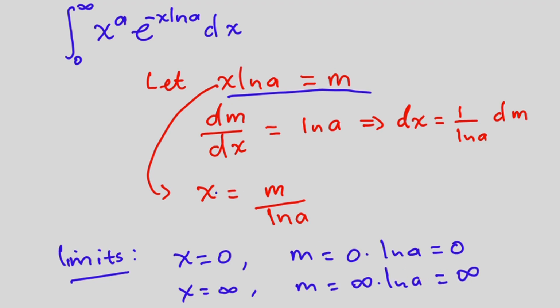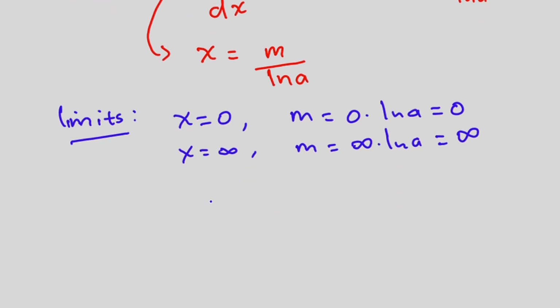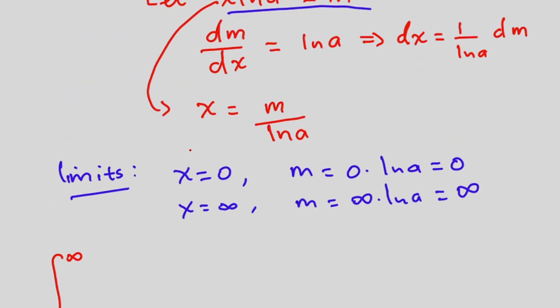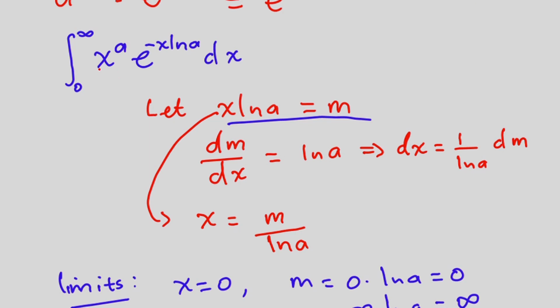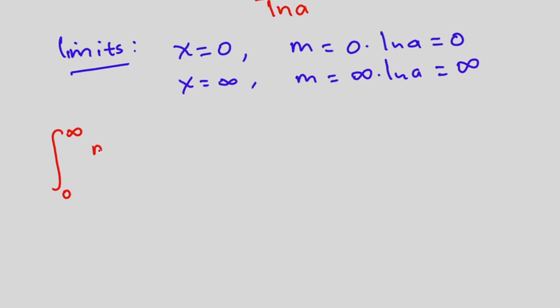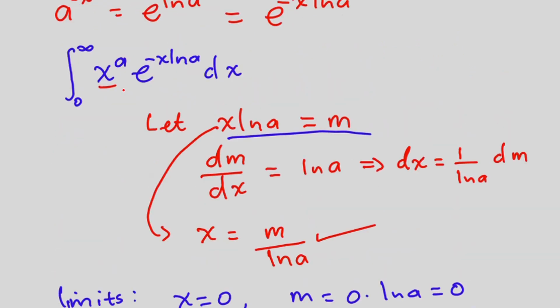So straight away we can form the new problem. We're going to have the integral from 0 to infinity, nothing changed here. Then now we know that x is now this, m divided by ln of a, but remember here x is to the power a.